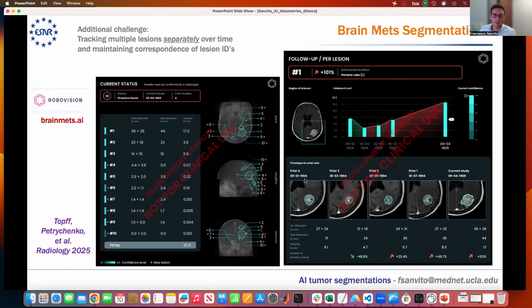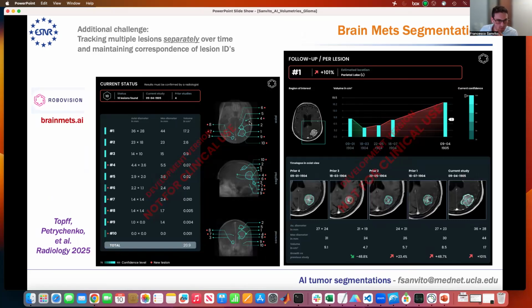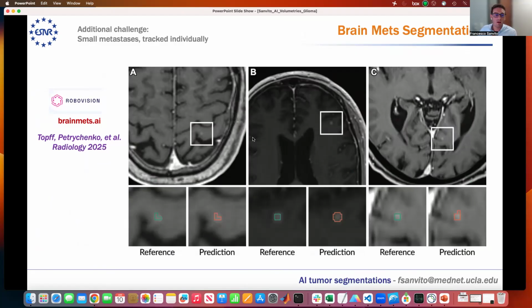Neosoma has a tool for brain mets. RoboVision also has a tool, so you see how each lesion is given a certain ID, and you can track the ID volume over time.